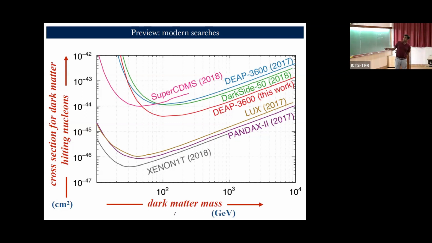And today, experiments have gotten so big, so sensitive that with a straight face, we can say that you can constrain dark matter down to cross sections of 10 power minus 47 centimeters squared, which is a ridiculously small cross section, right? But that's how sensitive experiments have become.